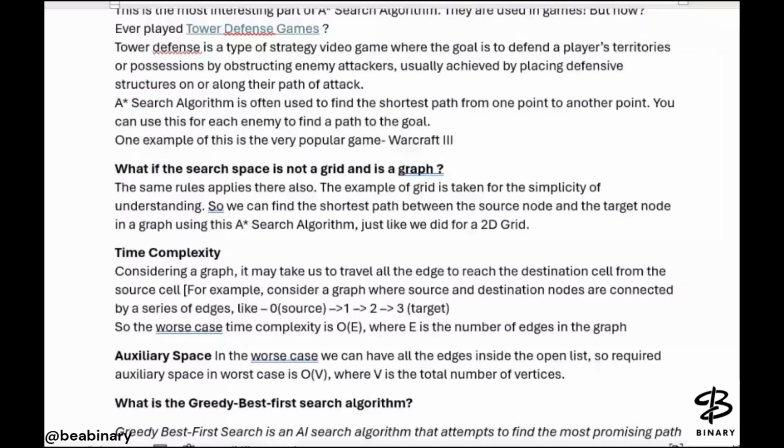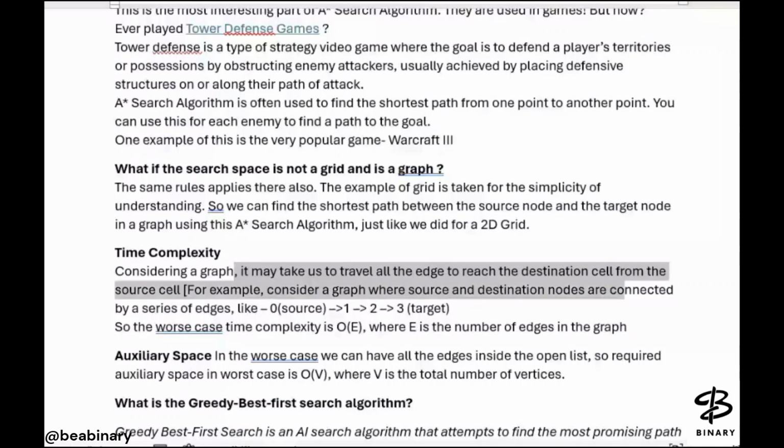So basically, what does time complexity find? Time complexity is a quality of the heuristic function which determines how much time it takes to move from a source node to a goal node, the terminal node. Consider a graph. It may take us traversing all the edges to reach the destination cell from the source cell.